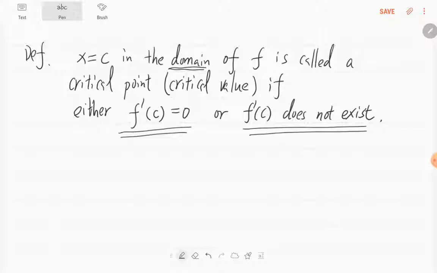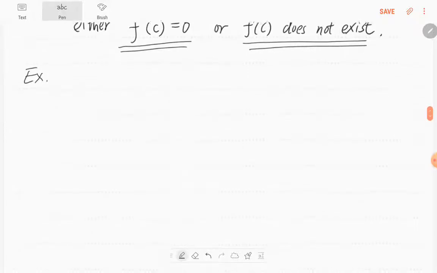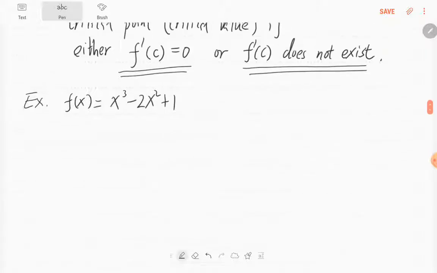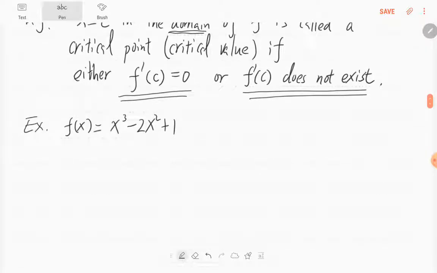So now let's use an example to help you understand how to find the critical values. f of x equals x cubed minus 2x squared plus 1. We want to locate the critical points or critical values. From the definition, we have to take the derivative.